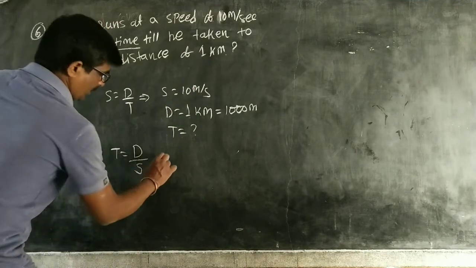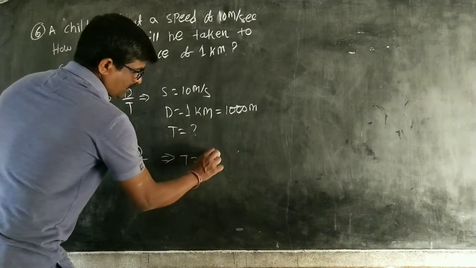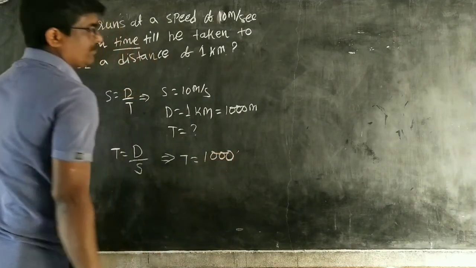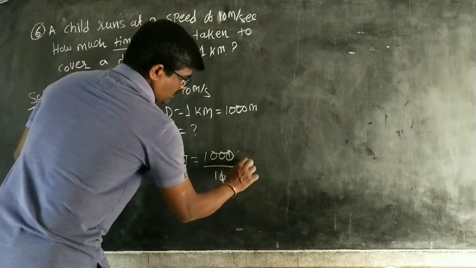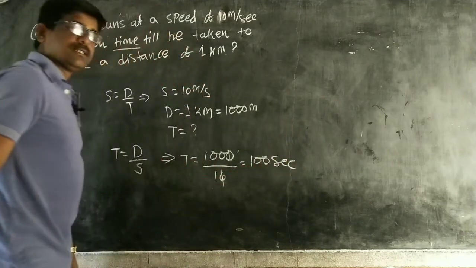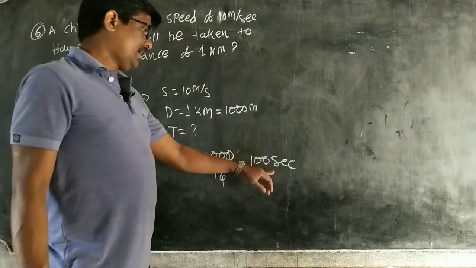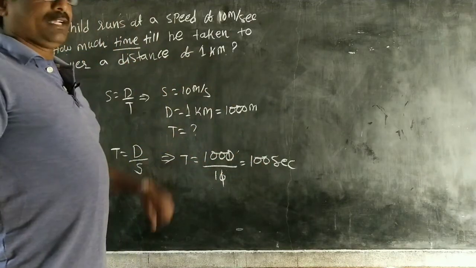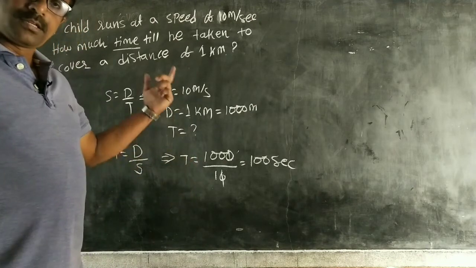Time t is equal to distance 1000 meters by 10, that is equal to 100 seconds. So the child can cover 1 kilometer in 100 seconds. Okay, this is another problem. Copy it.